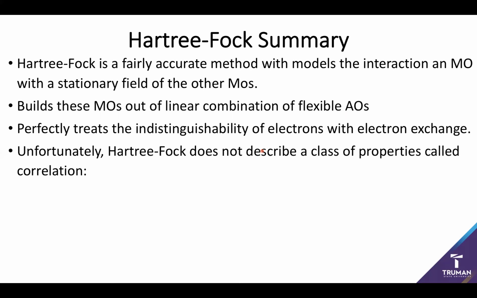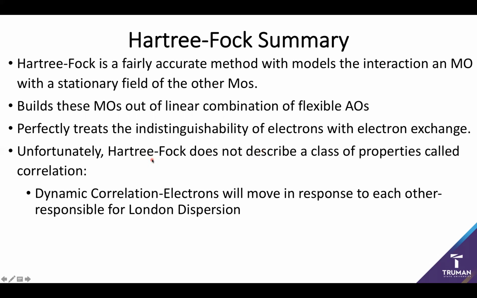Unfortunately, it turns out there's a lot of things that Hartree-Fock doesn't do a good description of. And we pretty much come up with a whole class of properties called correlation. Now, it is worth noting that the strict definition of correlation is anything that Hartree-Fock does a bad job of. However, we split it up into two major categories, dynamic and non-dynamic. So dynamic correlation is focusing on the fact that we're building up our Fock matrix by assuming that electrons don't move.